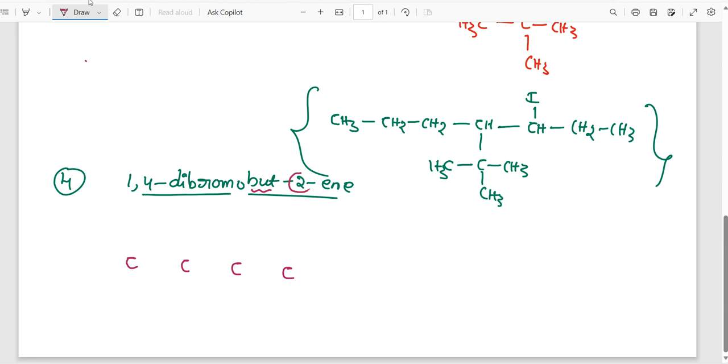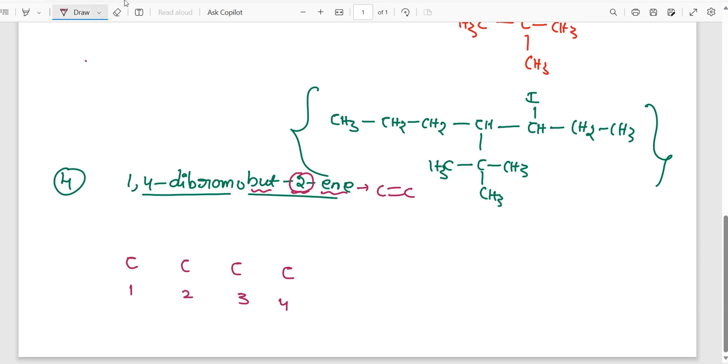We observe that at the second position, "yne" means a bond between two carbon atoms at the second position. We can take the numbering from this side 1, 2, 3, 4, or from the other side also. There is no problem. I am taking from left to right.